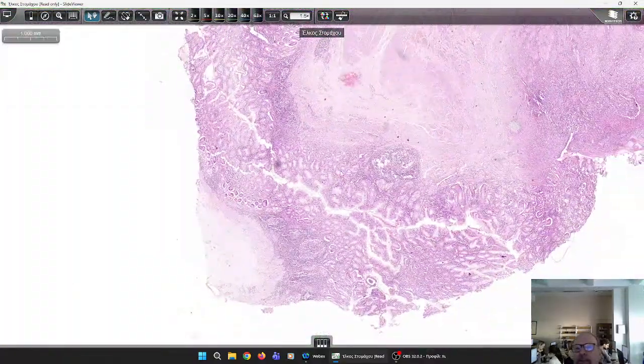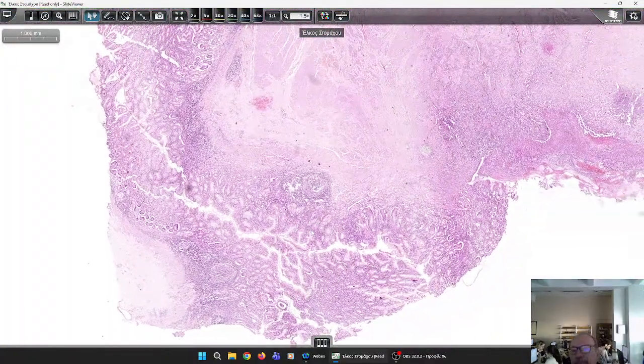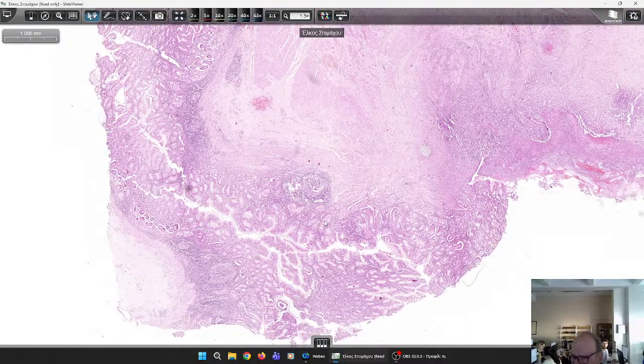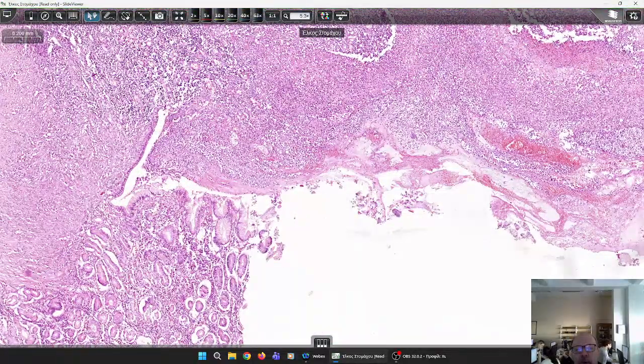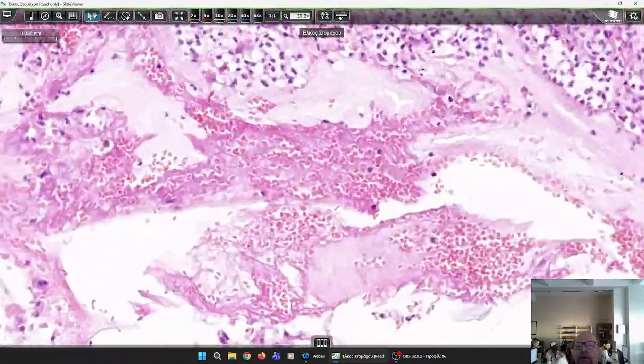In these cases, however, surgery is not justified unless we have a complication. And the complication is here, where we see that there are no glands in this area, and we have a purulent exudate. Let's have a look.